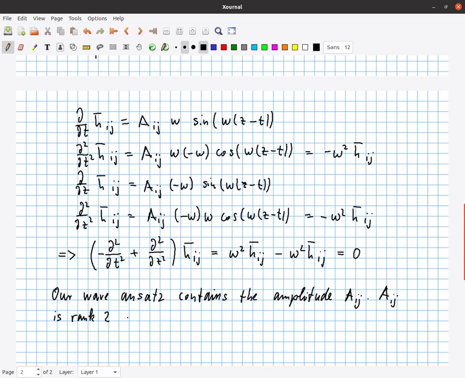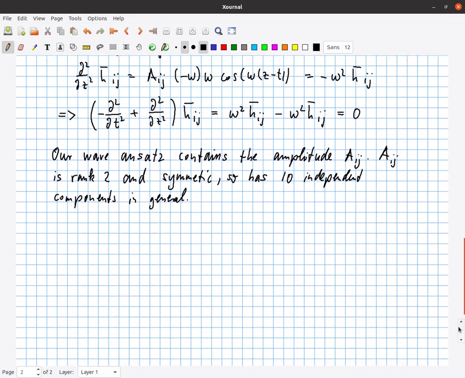It's rank 2 and symmetric. So it has 10 independent components in general, just like our metric tensor has, or just like h has 10 independent components because it is symmetric, rank 2, and we work in 4 dimensions.